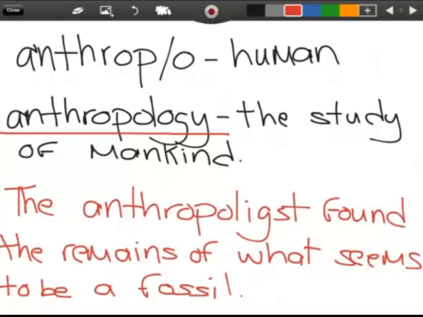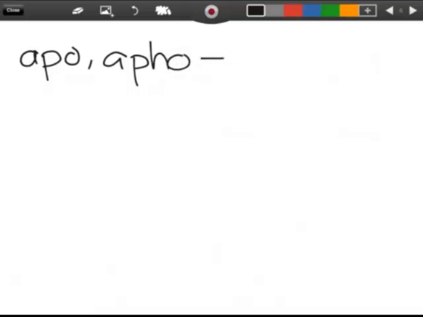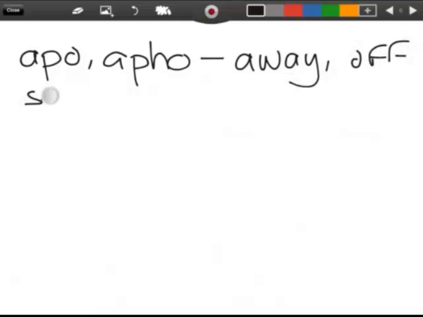Right. Our next word is apo, and apo meaning away, off, and separate.